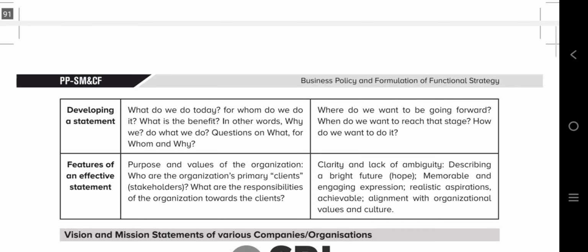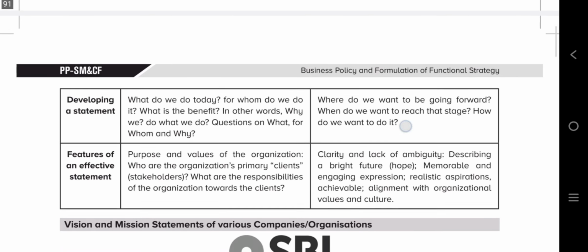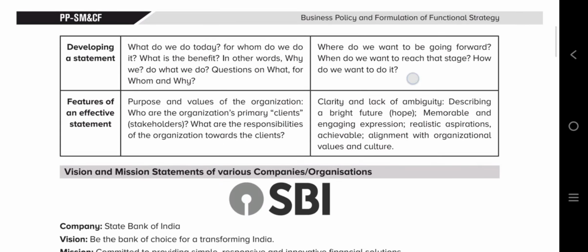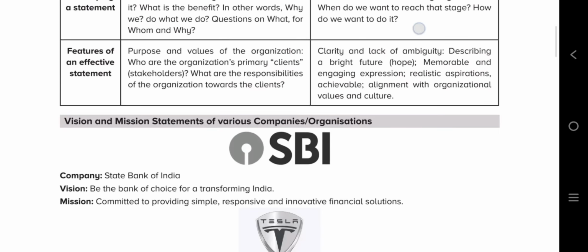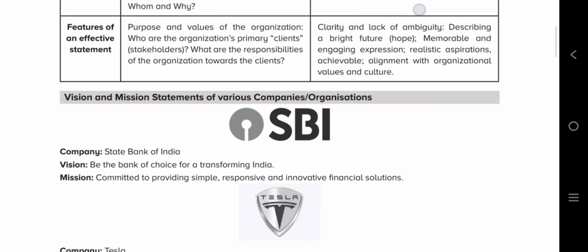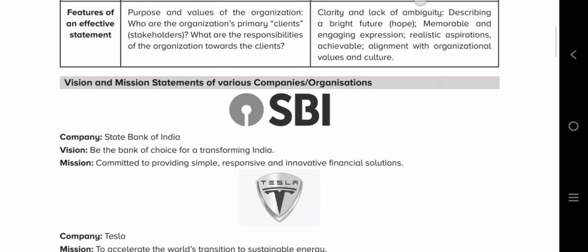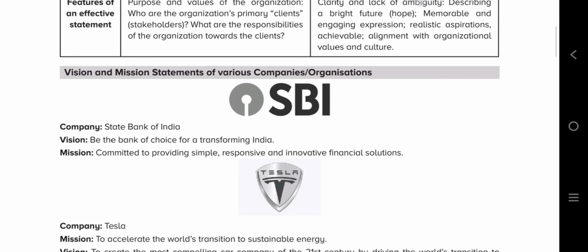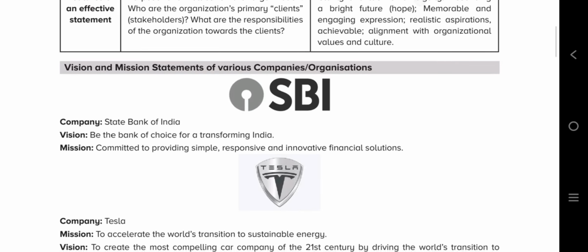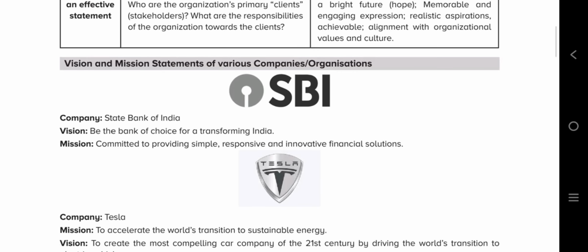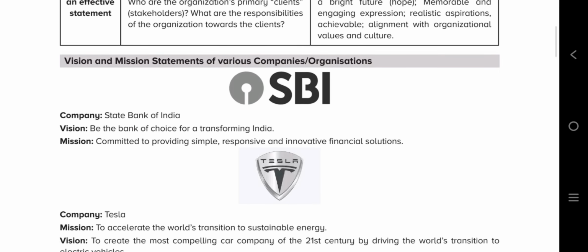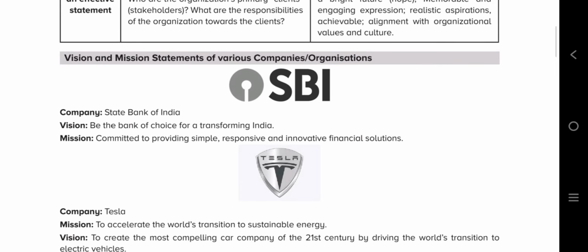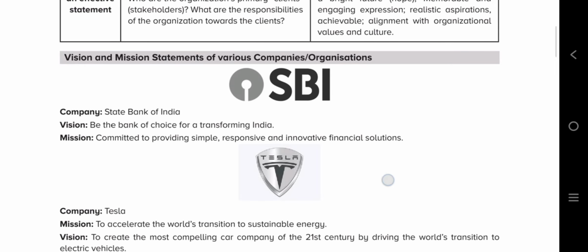Environmental analysis serves as a foundation. So the first step will help the second step, serving as a foundation for the development and formulation of vision and mission. Next, organizational objectives.